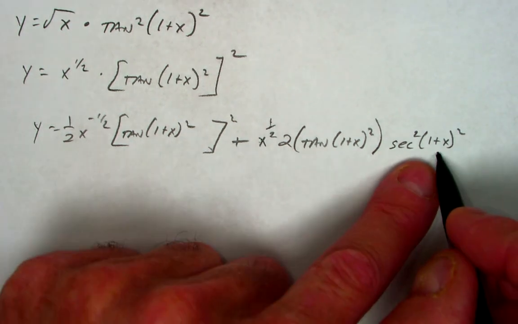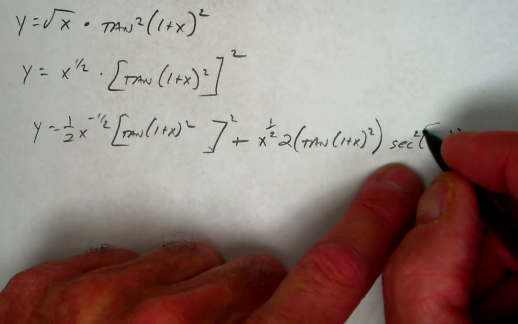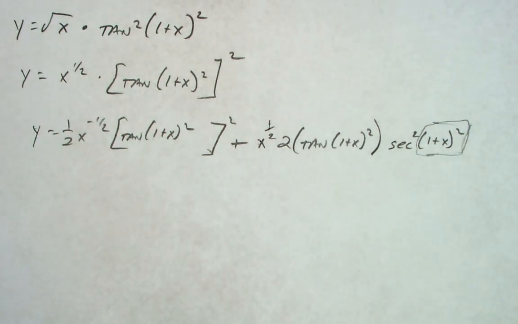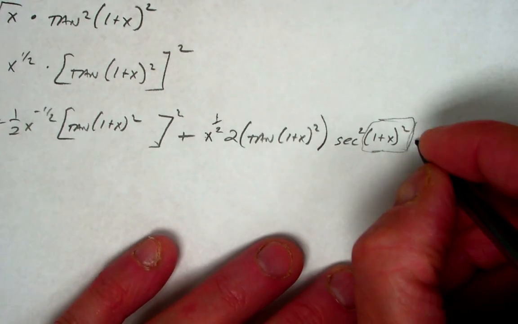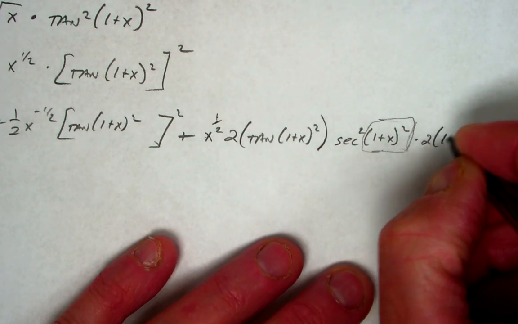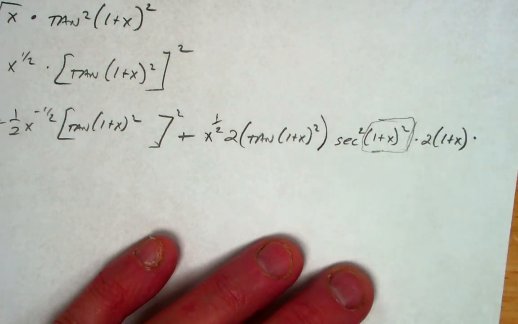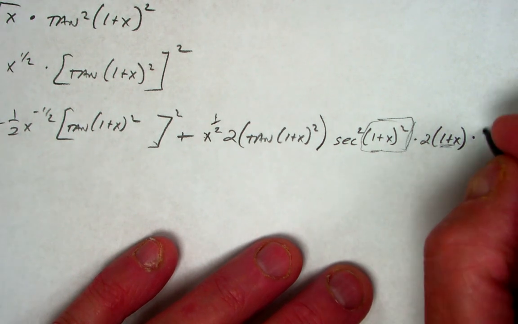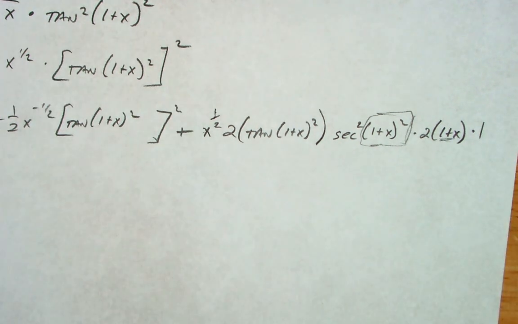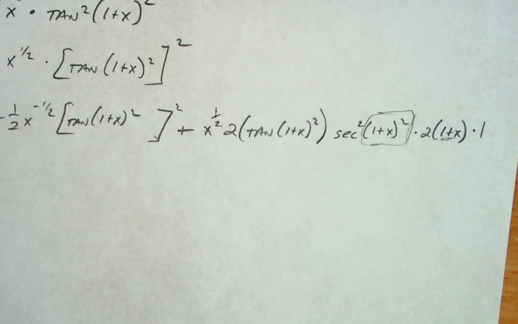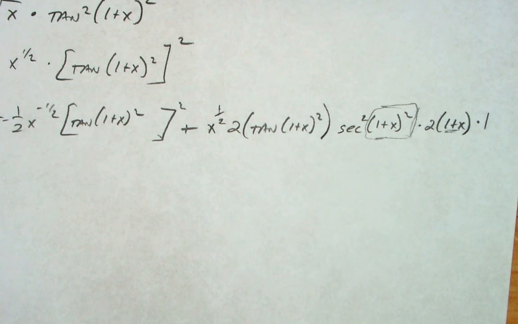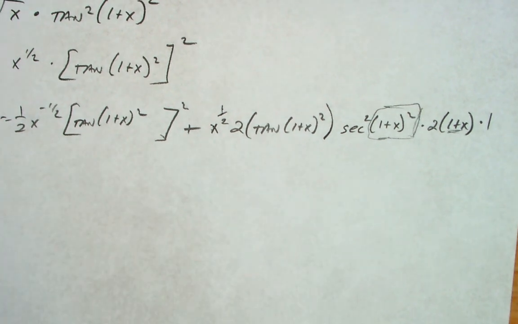Now I've got this thing here that I have to take the derivative of, times 2 times 1 plus x. And then if you had wanted to note it, the derivative of the next inside function is just 1. And I was happy with just stopping right there, because that was ugly enough.